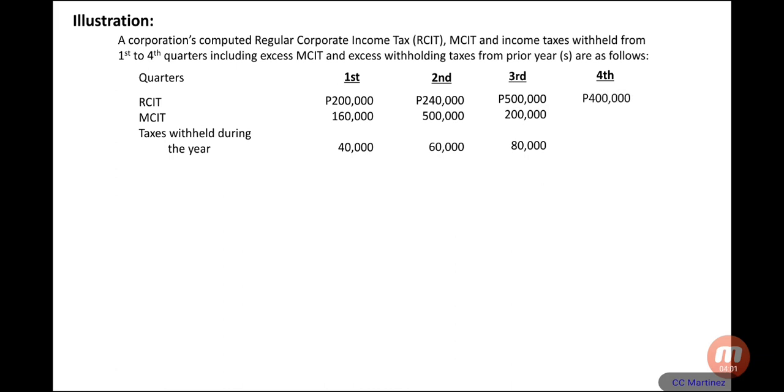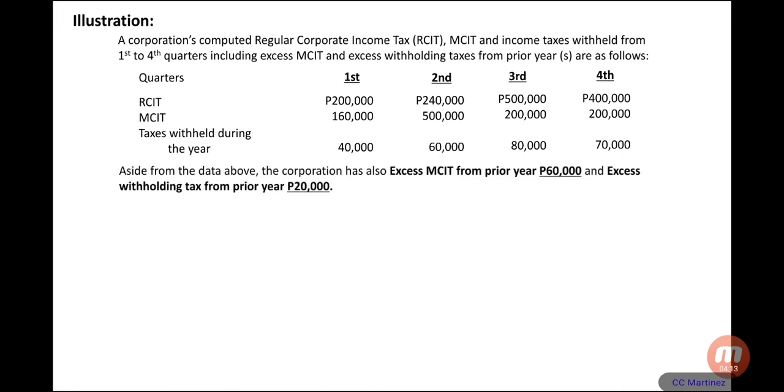For the fourth quarter, we have 400,000 RCEIT, 200,000 MCEIT, taxes withheld during the year of 70,000. Okay? So aside from the data above, the corporation has also excess MCIT from prior year, which is 60,000, and excess withholding tax from prior year, 20,000.